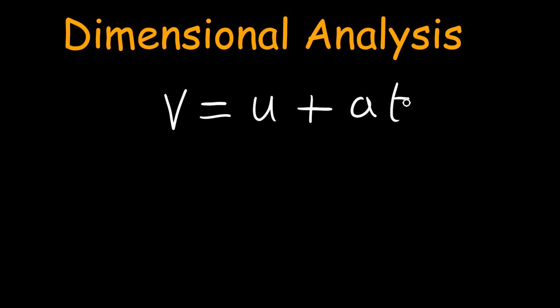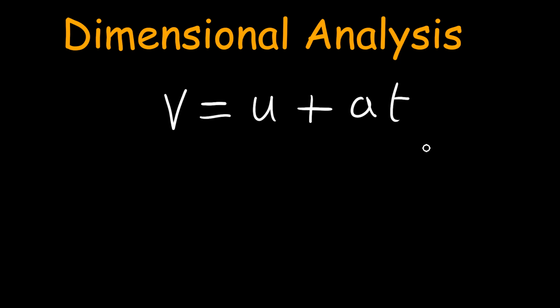So our first equation contains a velocity on the left-hand side, and that's equal to an initial velocity plus a constant acceleration and a length of time. Now, you find this equation in kinematics, one-dimensional kinematics, and we'll cover that in the next couple of weeks.